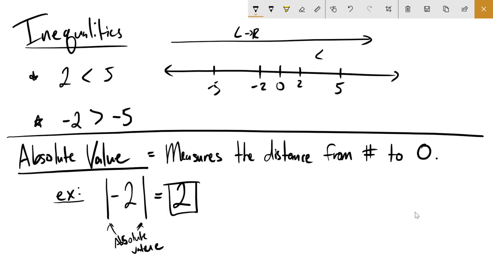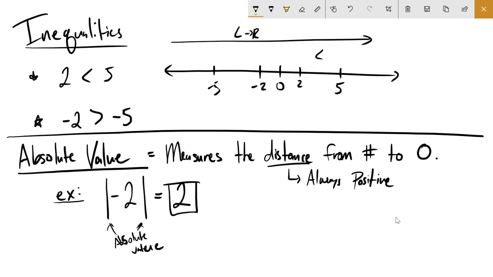And because it's a distance, the absolute value is always positive, because we never think of a negative distance value. You can't travel a negative distance, right? It doesn't matter which direction you go. It's not like when you drive to school, you get to undo all your miles when you drive home because you're going backwards. You still have to count the distance. So distance is always positive.